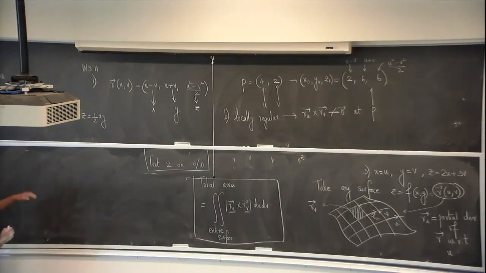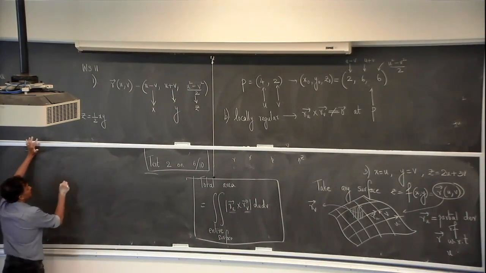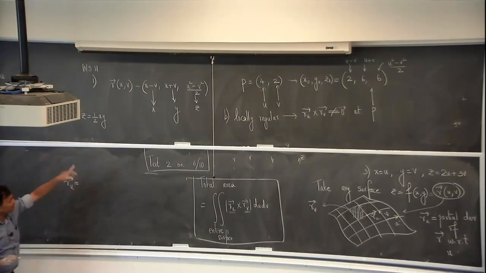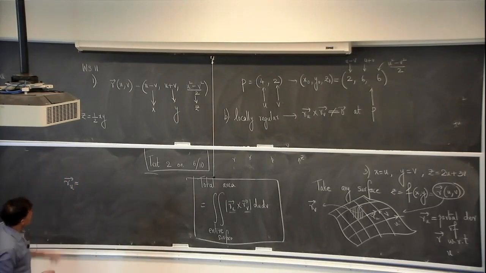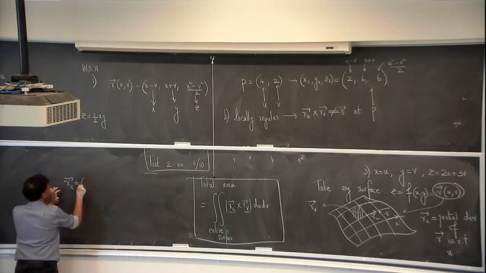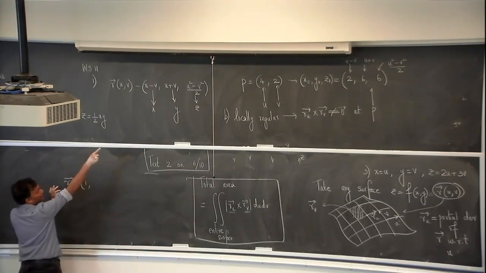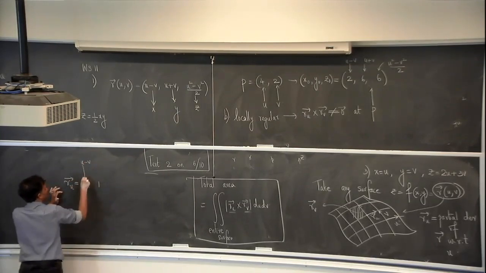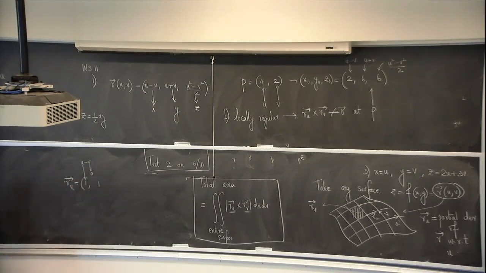How do you find the partial derivatives? I hope you remember this. Partial of r with respect to u. Take each component and find its partial derivative. The partial derivative of u is 1. The partial derivative of the second component is also 1, because you have u minus v. This will be 0. You remember that, or it used to be a long time ago, right? Partial derivatives.